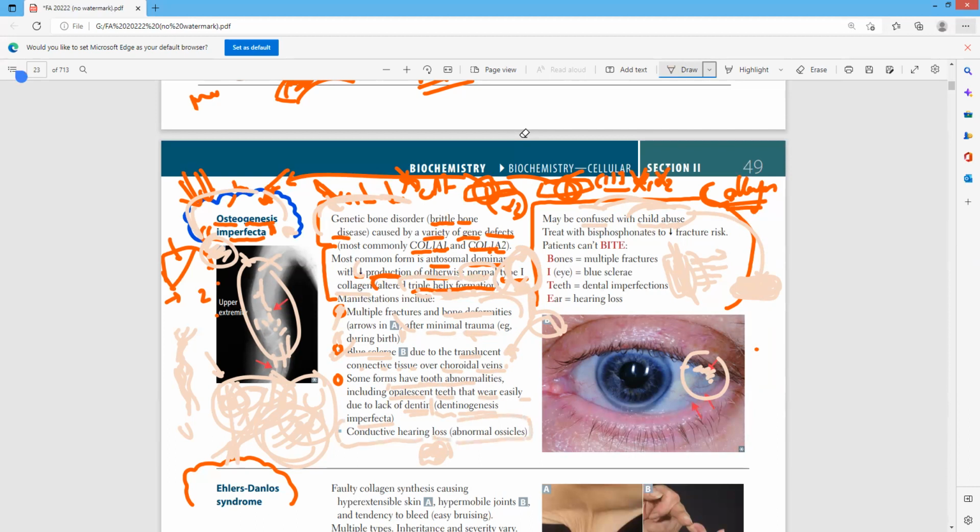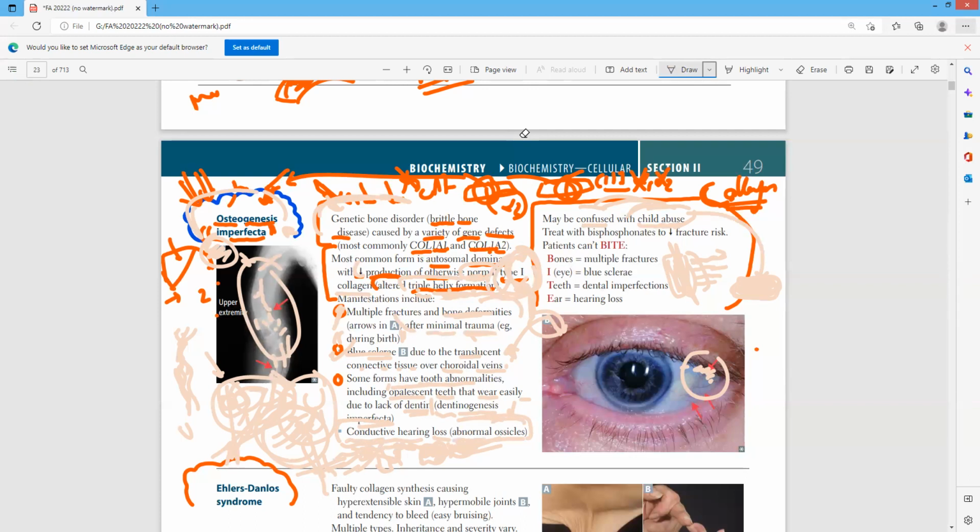Because you will have abnormal ossicles. What are the ossicles? These are the bones that transmit vibration from outside the ear. They transmit that wave, and a nerve will receive it. So you cannot conduct that mechanical wave through the bone because they are abnormal.